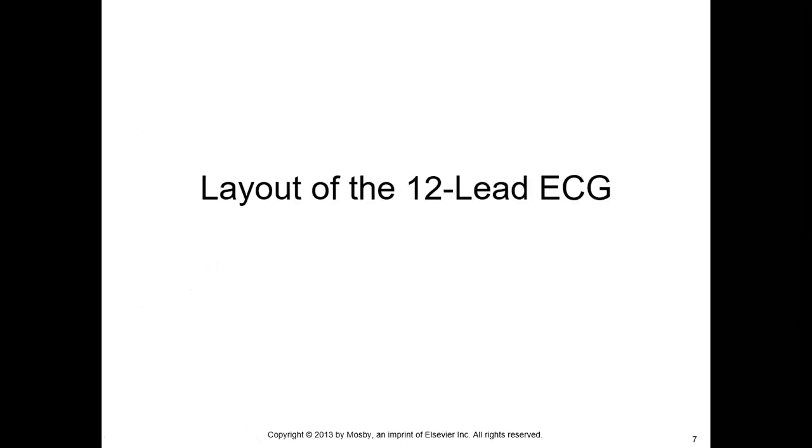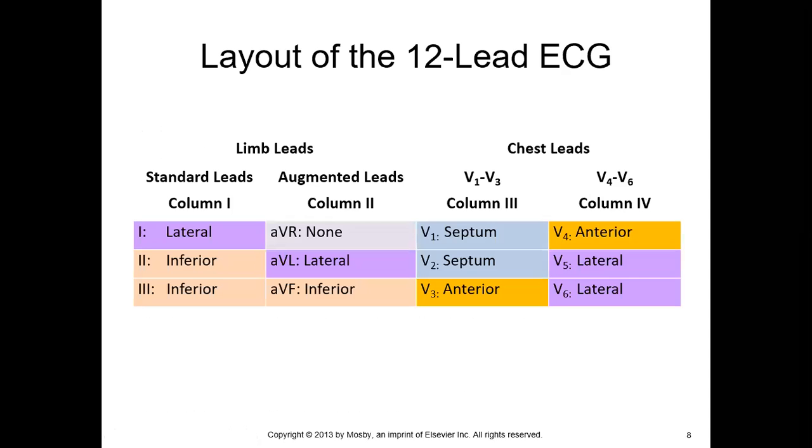So let's go on to the layout. The document that you see listed here, you need to know that most 12 lead monitors record all the 12 leads simultaneously. That means they happen at the same time, but they display them in a conventional 3 row by 4 column layout.